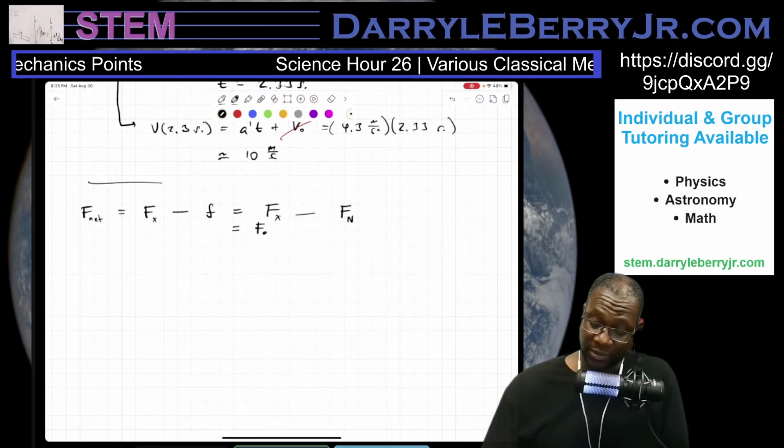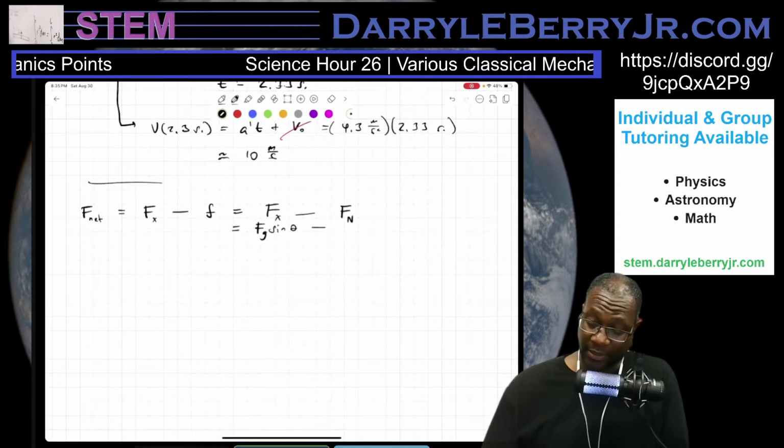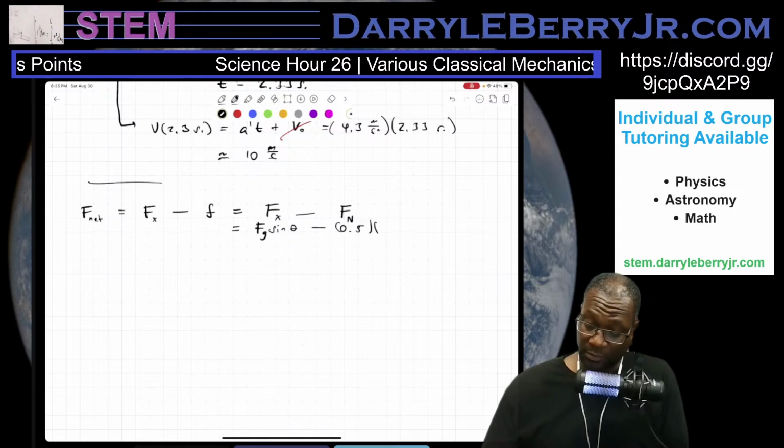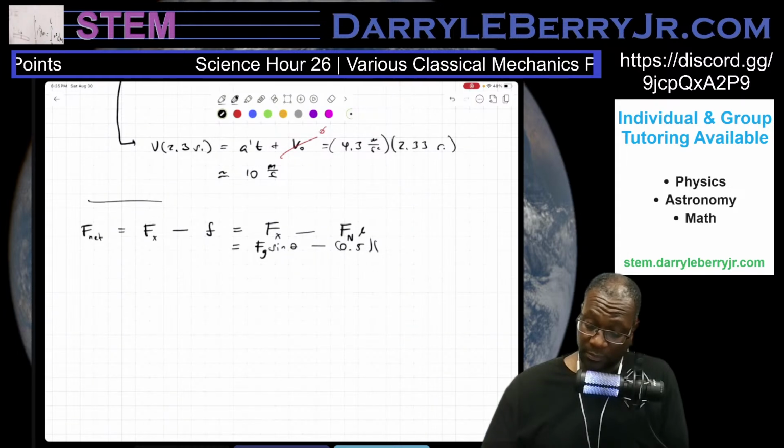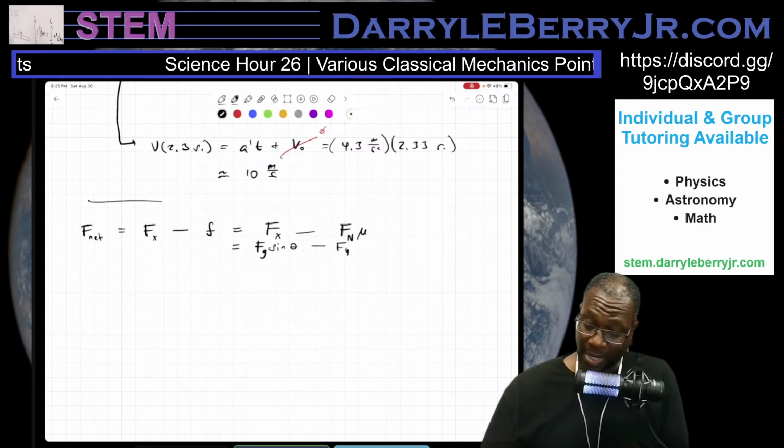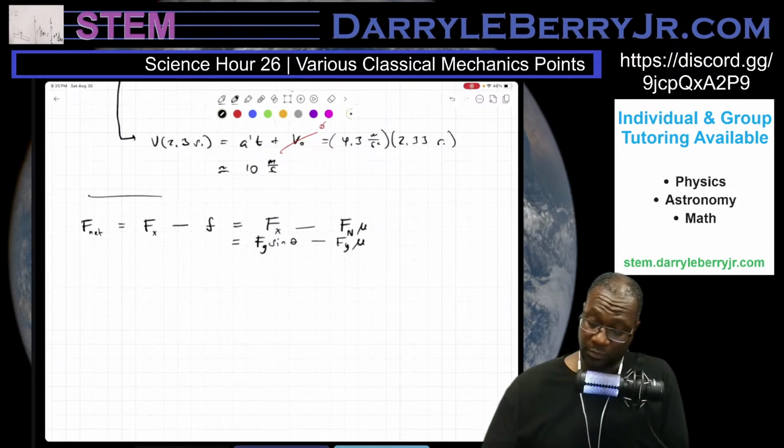We have Fg sine theta minus 0.5 times Fg cosine theta, that is, the coefficient mu.